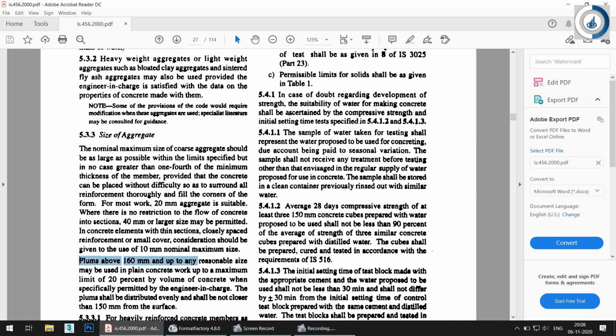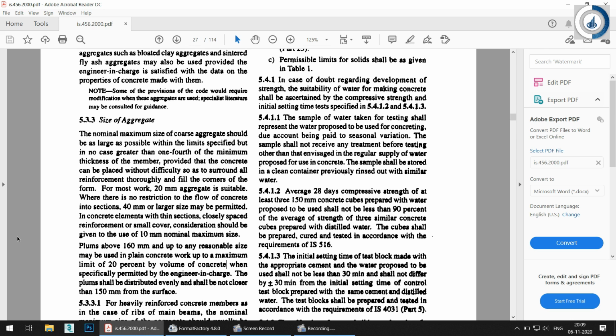Plums above 160 mm and up to any reasonable size may be used in plain concrete up to a maximum limit of 20% by volume of concrete. So you can use a maximum of about 20% when plums are used for plain concrete work. It is impossible to use them for reinforced concrete, because 160 mm size is too big for RCC structures.